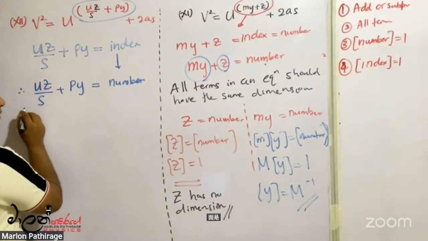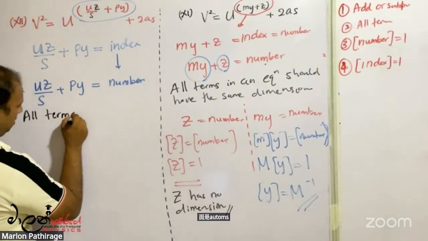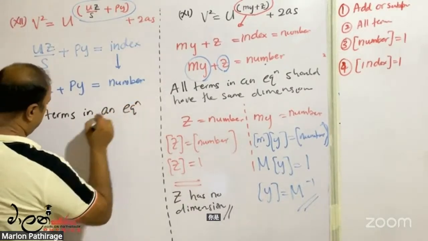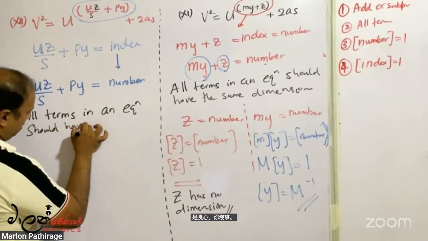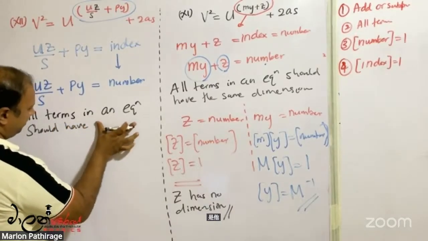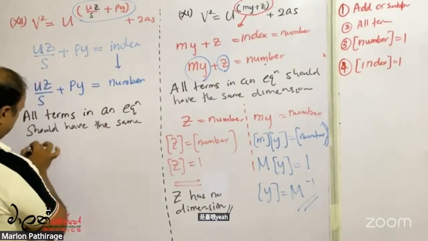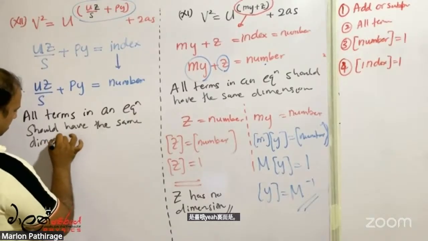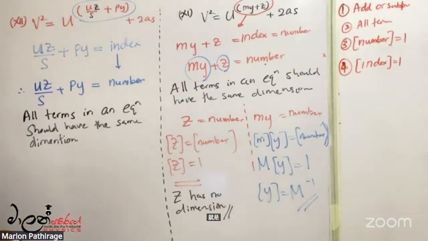Therefore, all terms in an equation should have the same dimension.